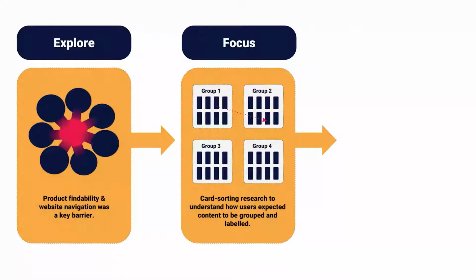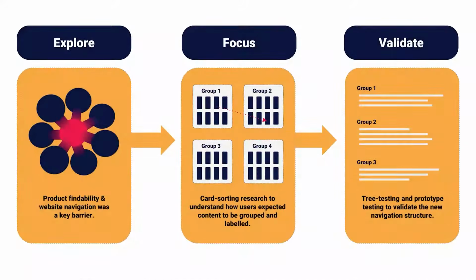So in this case, we used card sorting research to help us to understand how users expected content to be grouped and labeled, because the current groups and labels were not meeting their expectations. And we knew that through the exploratory research. The card sorting led us to come up with a new refined version of the website navigation, which we were then able to validate through tree testing, which is another form of validation research.